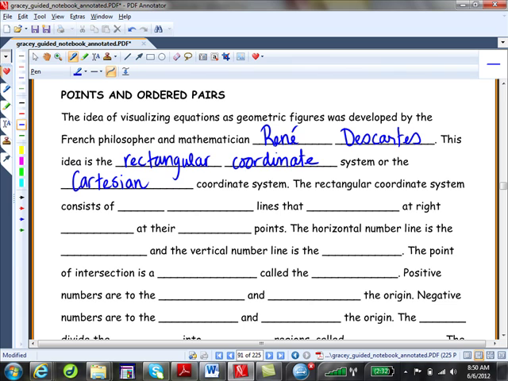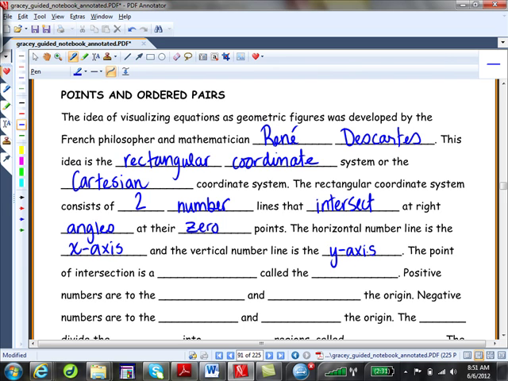The rectangular coordinate system consists of 2 number lines. So we've just been working with 1 number line. Now we have 2 number lines, and they intersect at right angles at their 0 points. The horizontal number line is the x-axis, and the vertical number line is the y-axis.